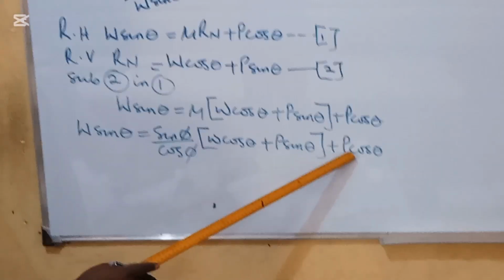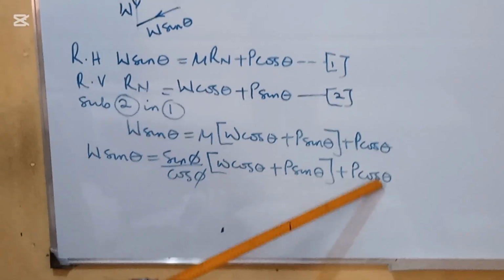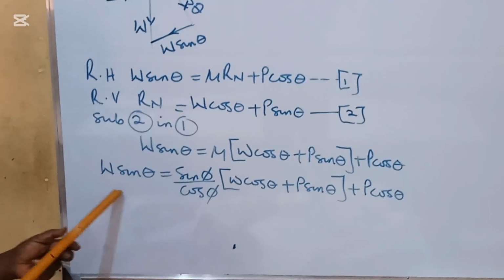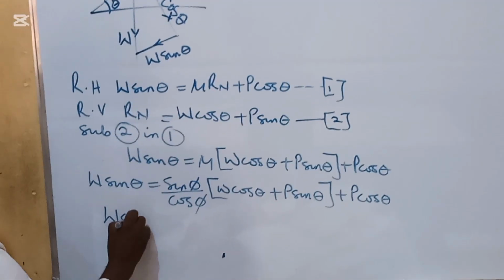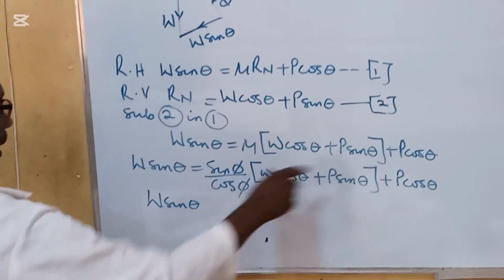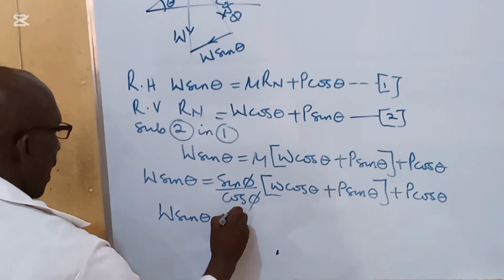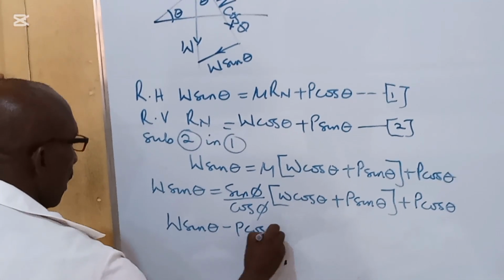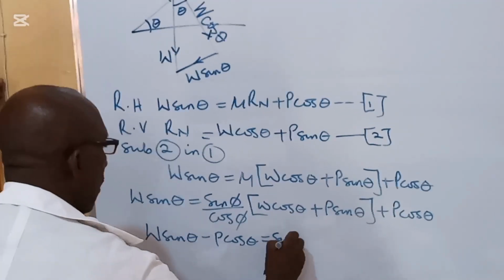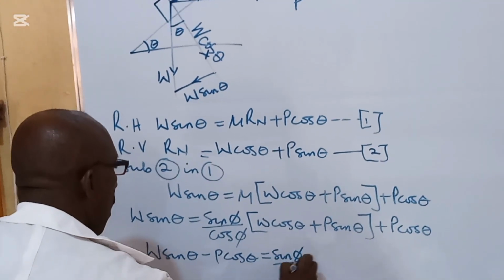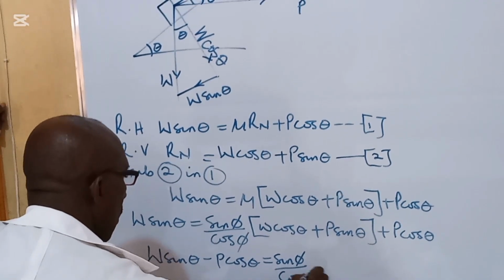Now let's transfer P cos theta on the right hand side to the left hand side. I will be having W sin theta minus P cos theta is equal to sin phi all over cos phi.